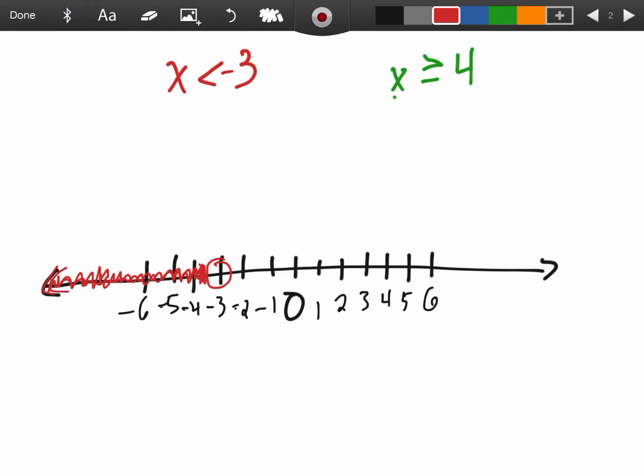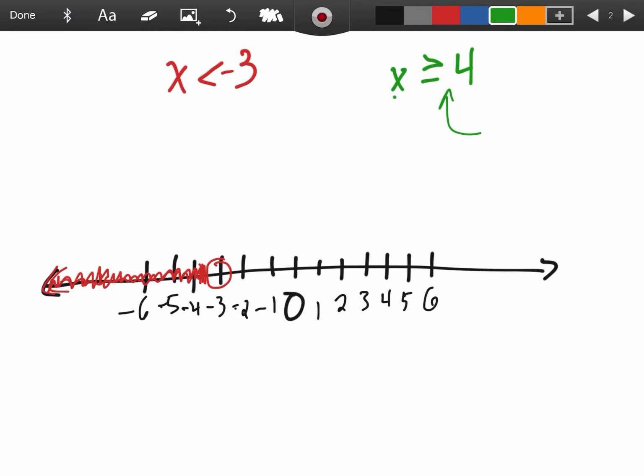In this case, because it's a less than and it's not less than or equal to, we keep an open circle around negative 3. Negative 3 is not less than negative 3. So we can't include that in our solution. So we are going to keep that as an open circle.